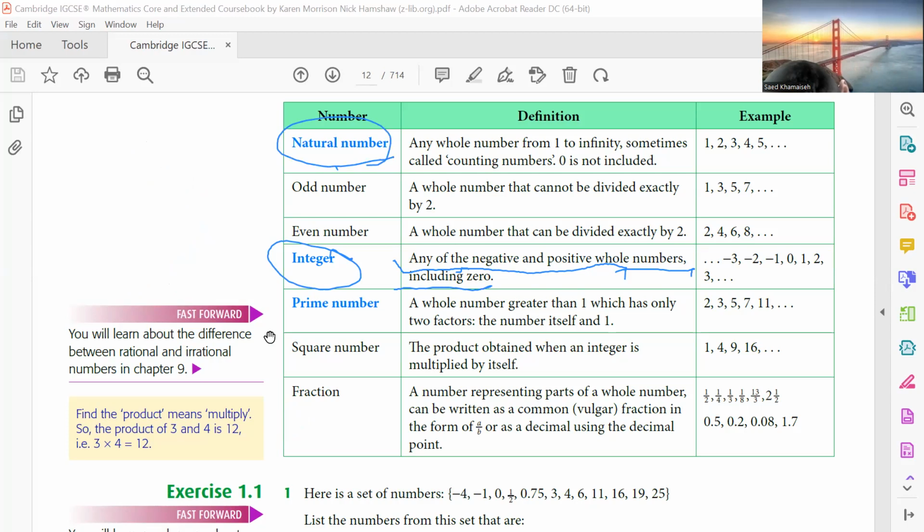As we said, integers. So part of an integer is a natural number or a whole number.